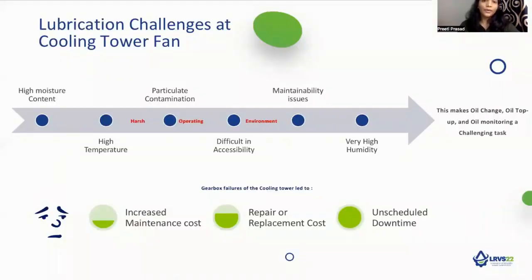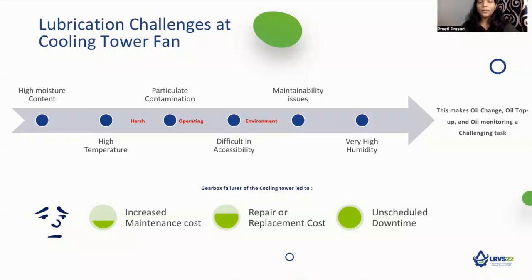So, what are the challenges of the cooling tower fan? It has been observed that the gear oil has always seen issues of overheating or foaming due to high particle contamination and high moisture contamination. There is always excessive consumption of the oil, and frequent top up has to be done.